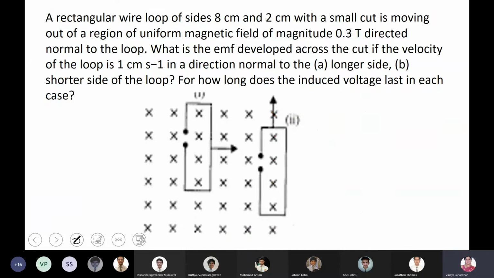Now we'll go for the next one, the first case. Here E is equal to Bvl. Which length do we have to take into consideration? The breadth, which is perpendicular to the v vector, has to be taken into consideration. So E is equal to B v b.